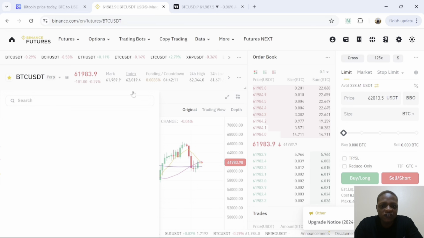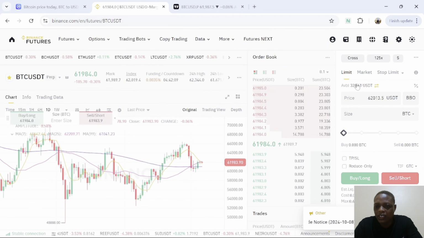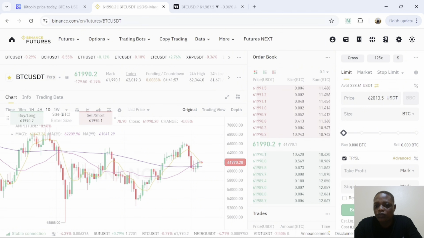We have BTC, right? And our capital is $328. Now we are going to use the calculator to calculate how much of our money we are risking on this trade. But to do that, click on TP/SL. So when you click on TP/SL, now we are going to add our stop loss and our take profit.